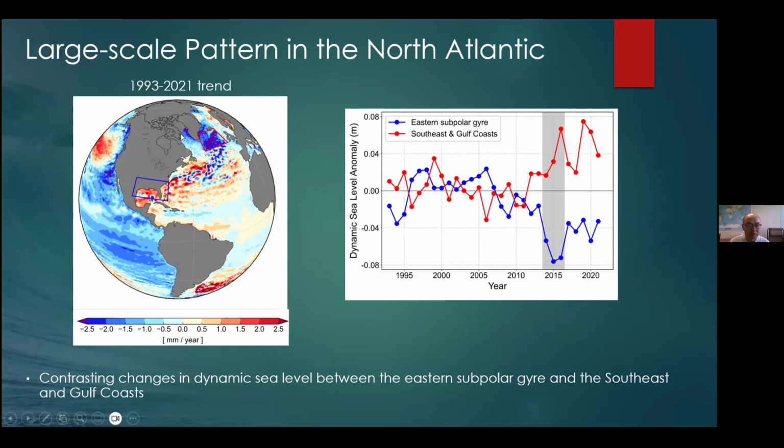The left panel shows the linear trend of altimetry data for 1993 to 2021, with the global mean sea level rise removed from this plot. So there is a large-scale pattern of dynamic sea level change in the North Atlantic.